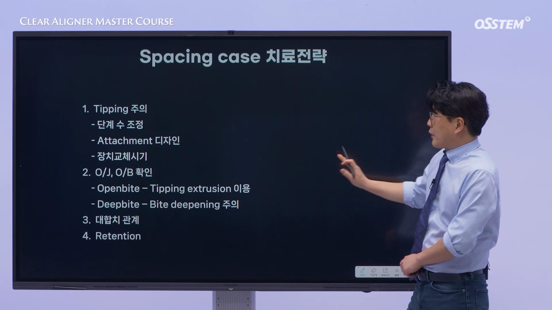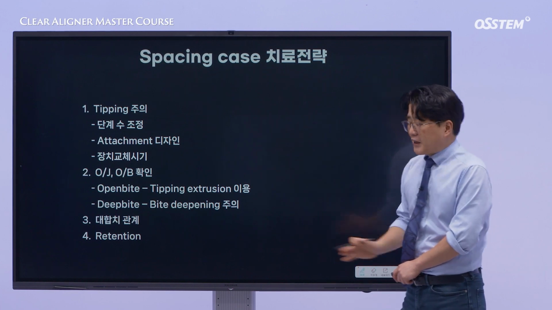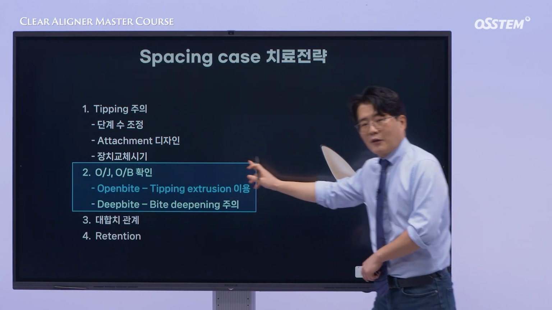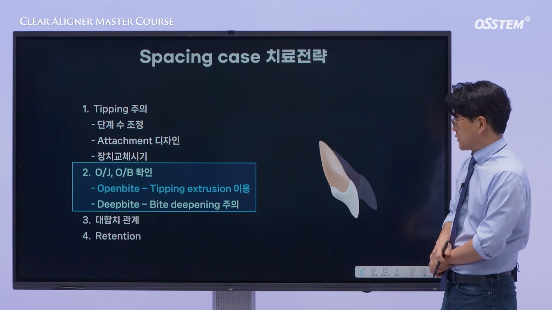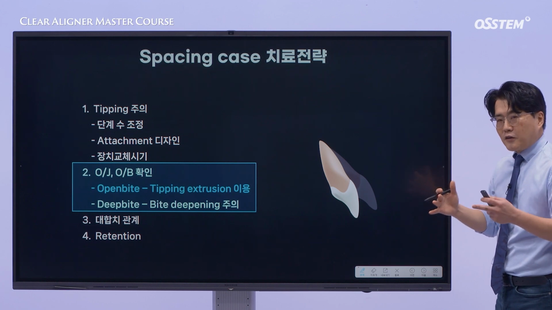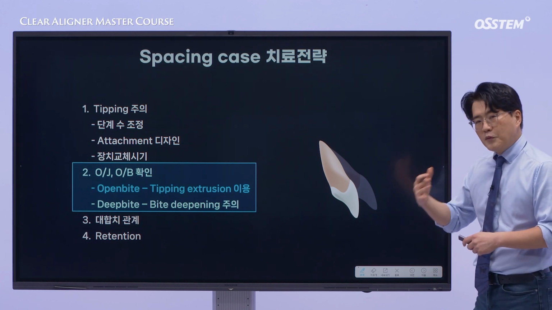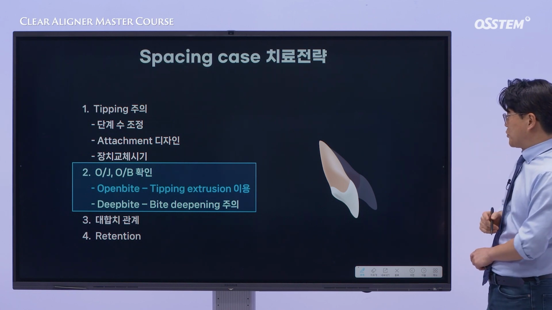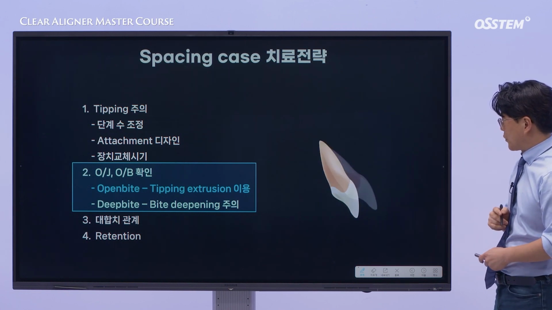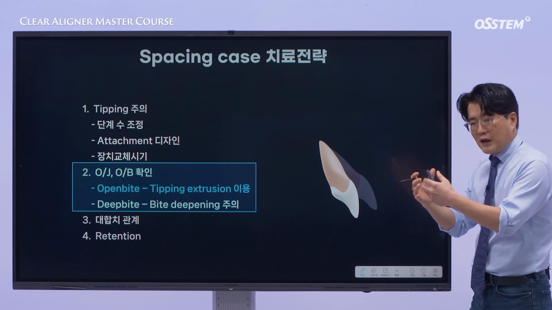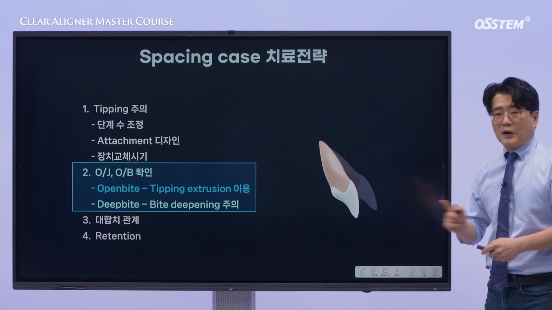There are actually lots of things to talk about spacing, but today I'd like to focus on the second one, overbite and overjet cases. If there is generalized spacing with a slight open bite tendency, tipping extrusion can be a useful option. You can use it during the process of space closure.